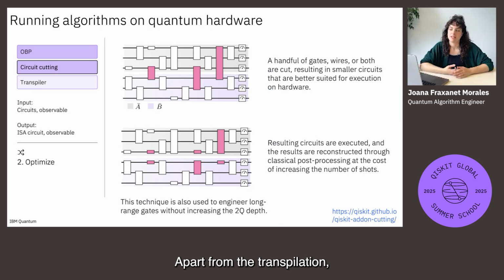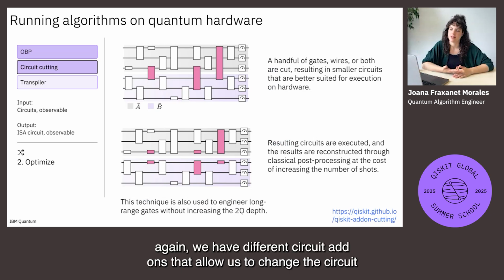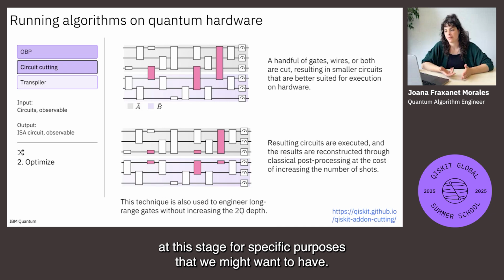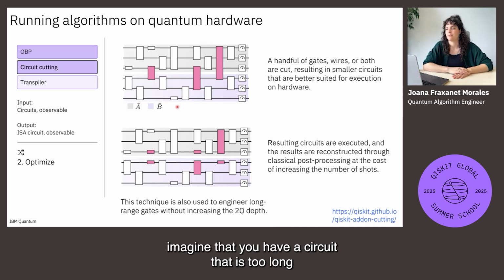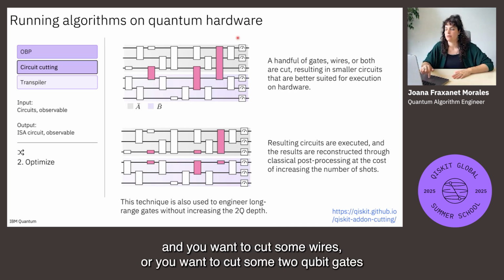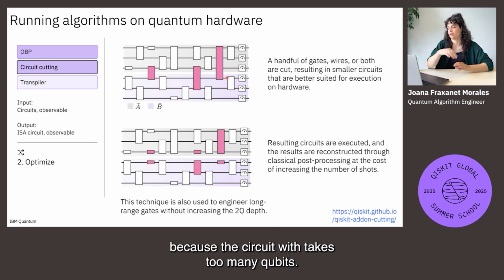Apart from the transpiler, again, we have different circuit add-ons that allow us to change the circuit at this stage for specific purposes that we might want to have. So, for example, we have circuit cutting. For circuit cutting, sometimes imagine that you have a circuit that is too long and you want to cut some wires, or you want to cut some 2 qubit gates because the circuit takes too many qubits.